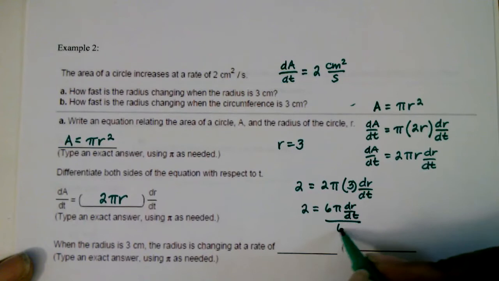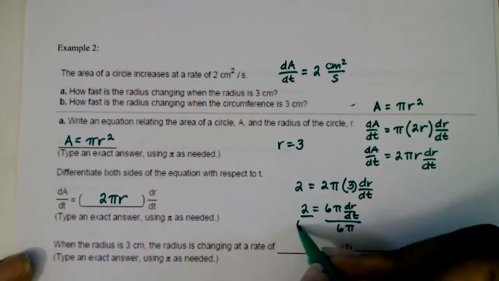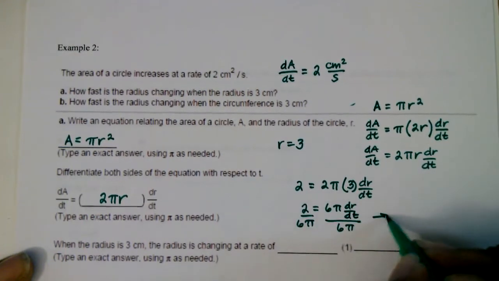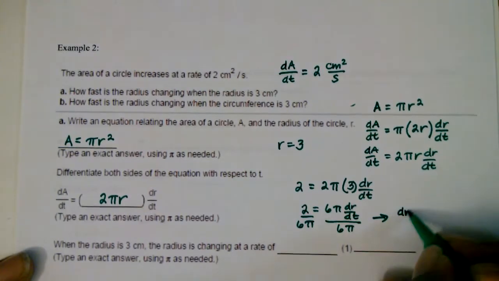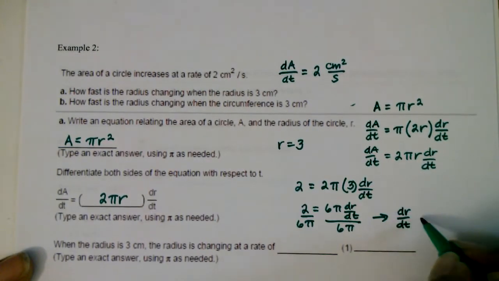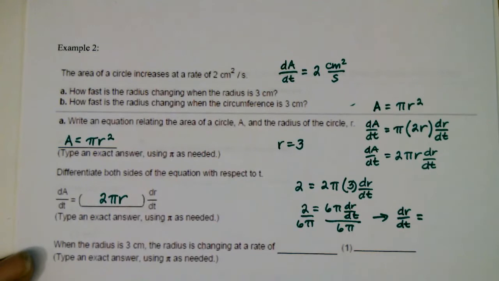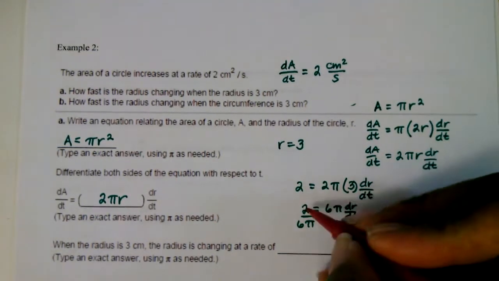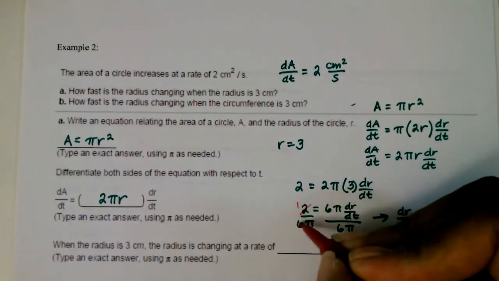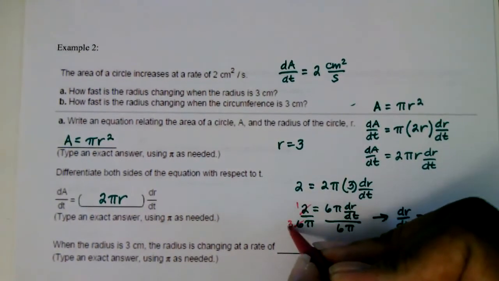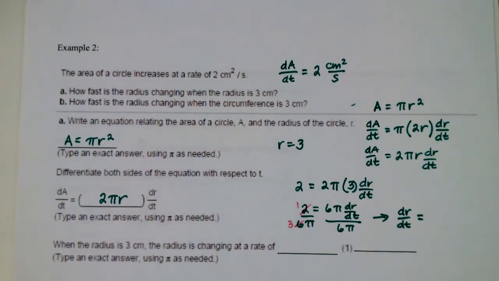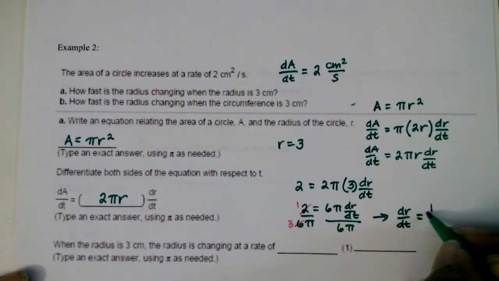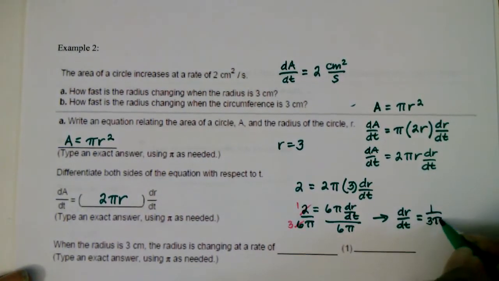And then divide both sides by 6 pi. So that means that dr/dt is equal to, if I reduce 2 over 6, 2 goes into itself 1 time, 2 goes into 6, 3 times. So this will be 1 over 3 pi.